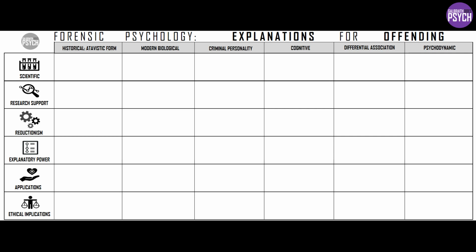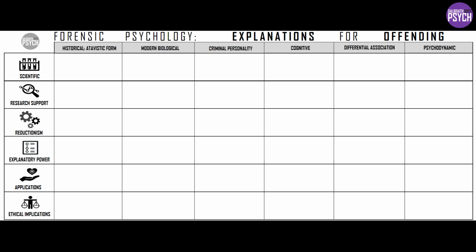By structuring your revision and your learning in this way, it makes it really simple to come back and do comparison. So I've got forensic on the screen there, but like I said, it could be for any topic. Let's stick with forensic for a second though. If I completed it, I could use this to answer a question, outline and evaluate 2 explanations for offending. But I have also, by doing it this way, prepared for a question like outline and compare 2 explanations for offending.